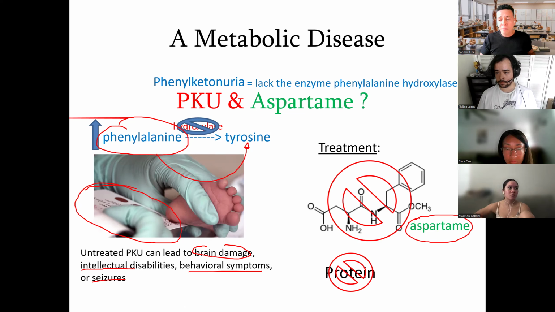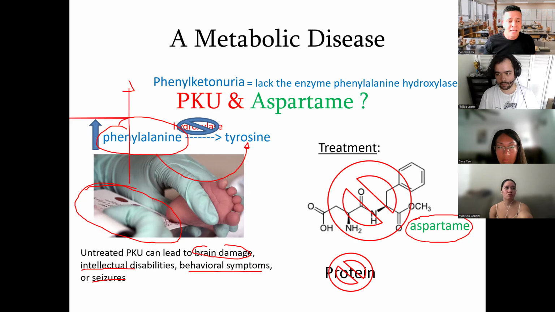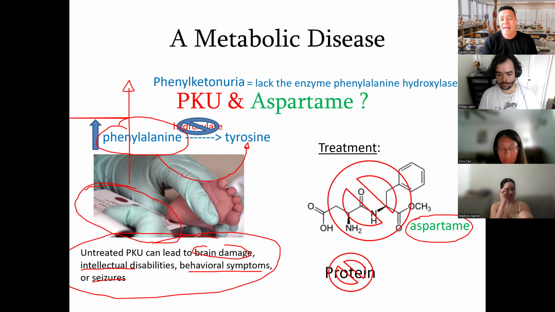So you don't want the baby to be breastfeeding from the mom, because that is animal protein. Immediately, if that baby has PKU and starts consuming animal protein, phenylalanine will jump up dramatically, and all of these issues will happen. And they are permanent. Once you have brain damage, that's permanent. You're not going to come back from that.